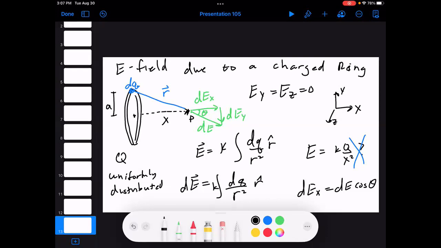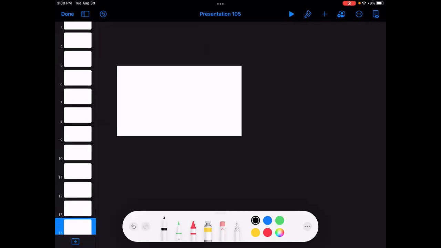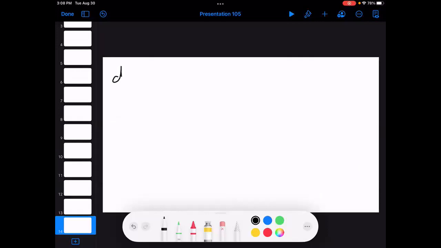Okay, getting really close. That was kind of the conceptually difficult part. Let's figure this out. So DEX equals DE cosine of theta. We need not just one little component, we need the whole component. So we're going to integrate all of that. So the electric field in the X direction equals the integral of this whole thing.